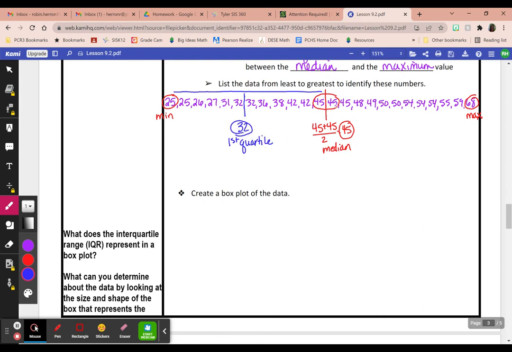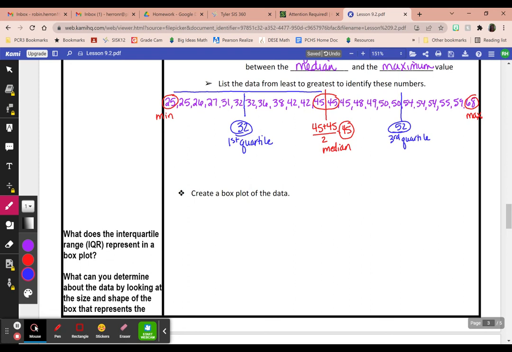Okay. And then over here, 1, 2, 3, 4, 5, 6. So my middle is here. And then if you take 50 and 54, well, halfway between that would be 52, right? So this would be my third quartile. Okay. All right. So we have all 5 of our numbers.